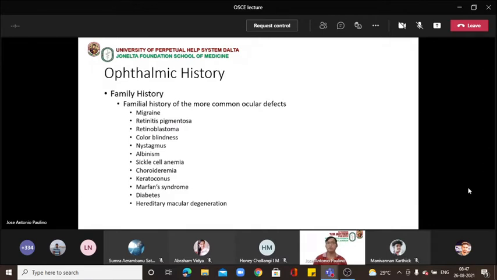Also, retinoblastoma. Findings say that patients with retinoblastoma and also their offspring will have higher chances of developing it, especially binocular retinoblastoma. Color blindness usually happens among males in the family. Nystagmus also.